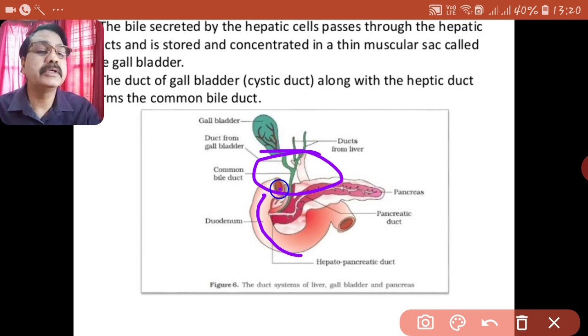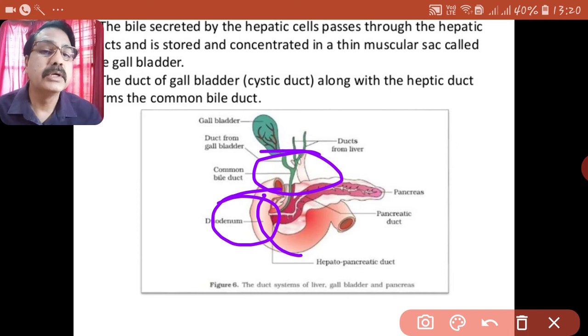It is the part in which most of the digestion of the food takes place. Digestion starts from the mouth itself, then in the stomach, and then the duodenum, which receives the bile juice and the pancreatic juice.